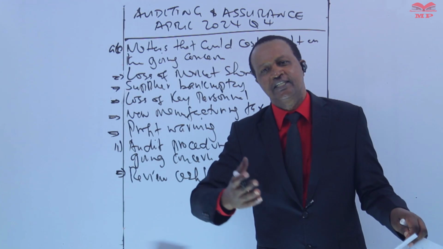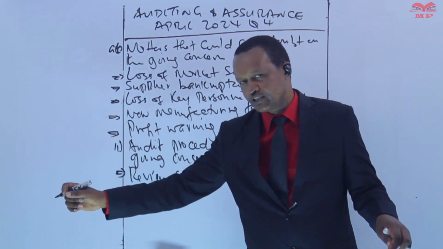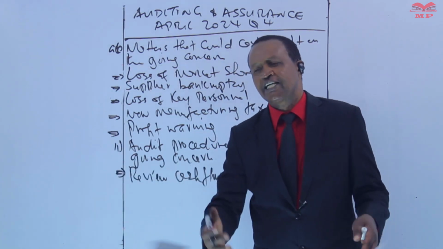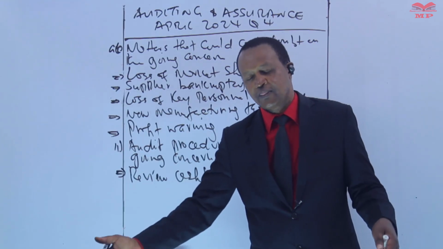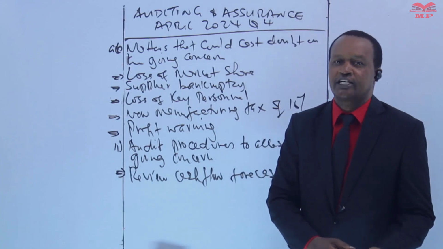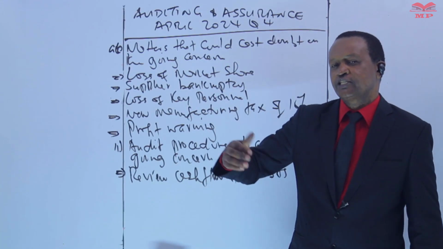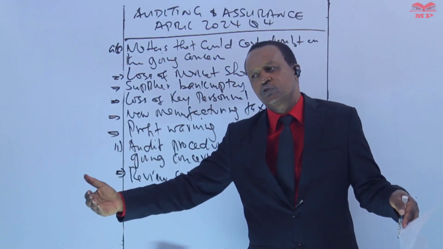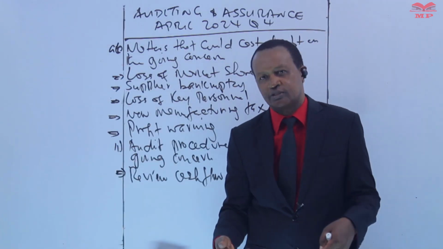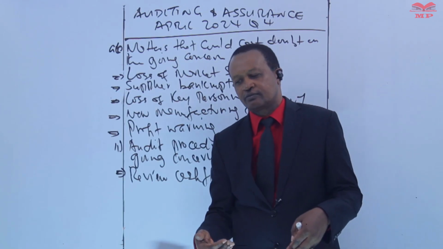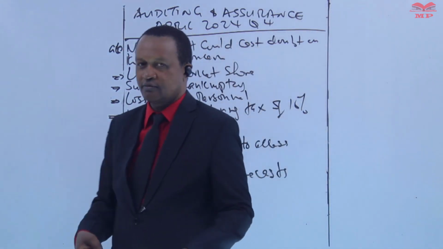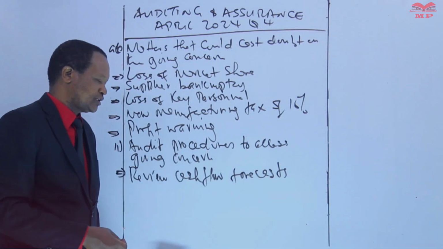Then you assess the reasonableness of the assumptions underlying the forecast and evaluate whether the company is projected to have sufficient cash flow to meet its obligations. Do you see what I'm talking about?